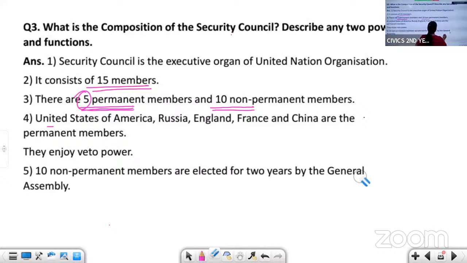In the General Assembly, we have 193 member states, and every country will get the membership to the Security Council. So every 2 years, 10 countries are elected as members of the Security Council.